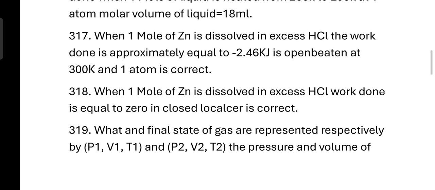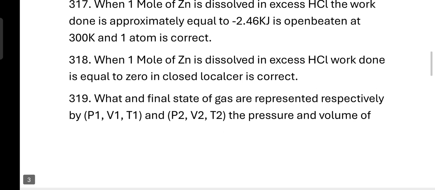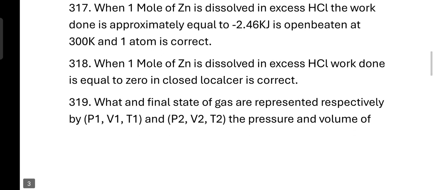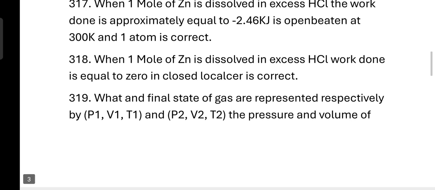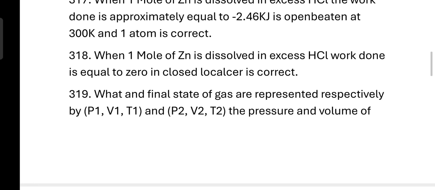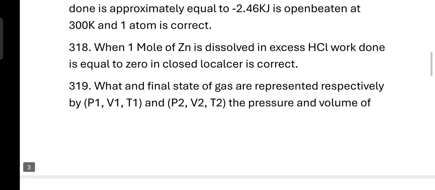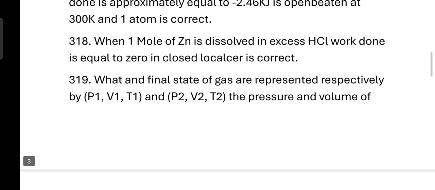Molar volume of liquid is equal to 18 ml. When 1 mole of Zn is dissolved in excess HCl, the work done is approximately equal to minus 2.46 kJ in an open beaker at 300 Kelvin and 1 atm is correct.